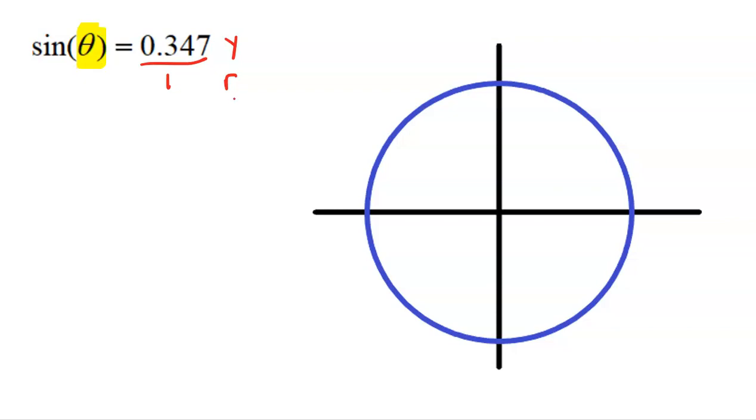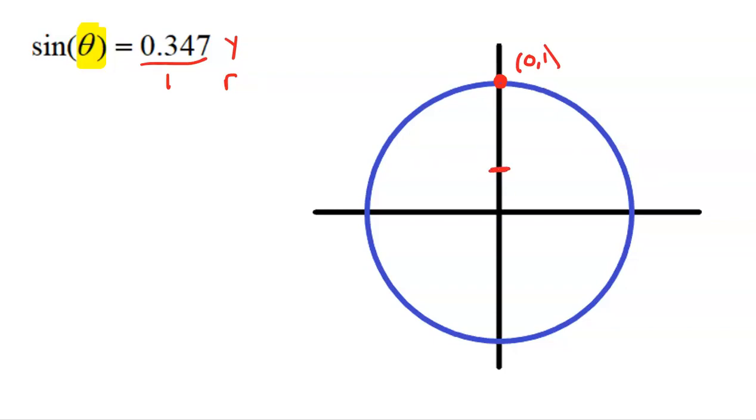But a couple things you should notice and remember. First off, a y value of 0.347, if we're on the unit circle, this right here is (0, 1). So a y value of 0.347 would occur somewhere right around here.